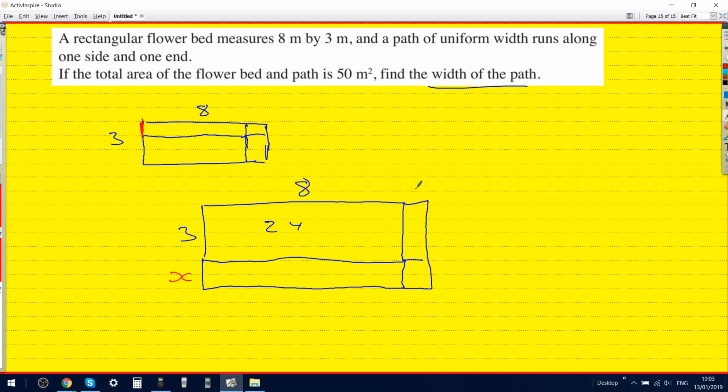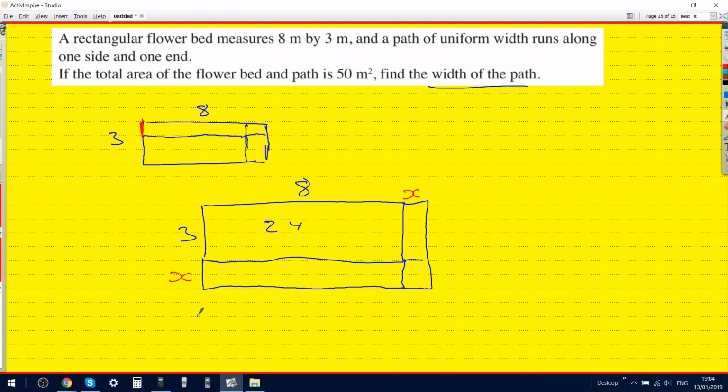What do you notice about the top? Is it x as well? I believe so. So how would you do this? Would it have to be 24?